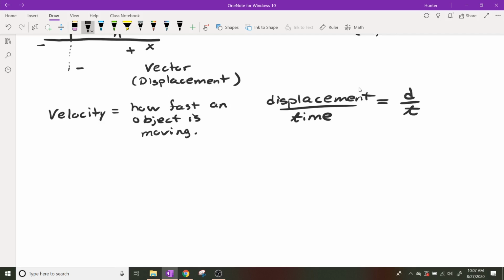D stands for displacement, or you could also see it as delta x over t. I try to avoid using the deltas because in AP physics or even in high school physics, it's usually not required. So most of the time, you're going to see me write it as d over t and not delta x over t. Although if you take a physics class in college or you see some stuffy college professor, they may actually use the term delta x.